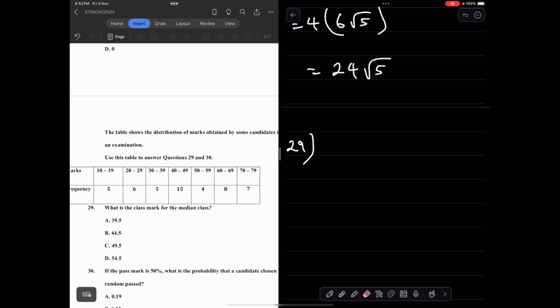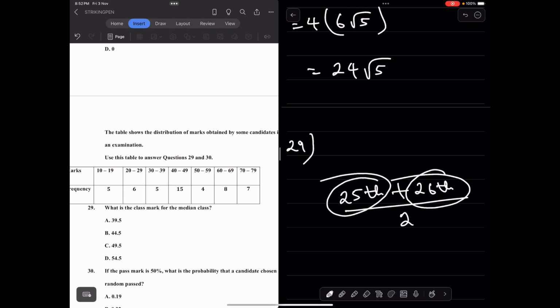So that means we can get the median score by adding the 25th score and the 26th score and then dividing that sum by 2. So let's see the class in which the 25th score and the 26th score fall.